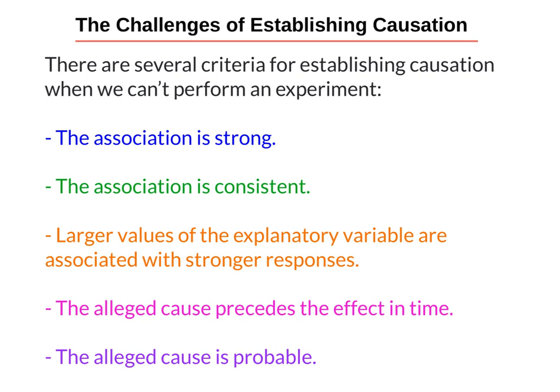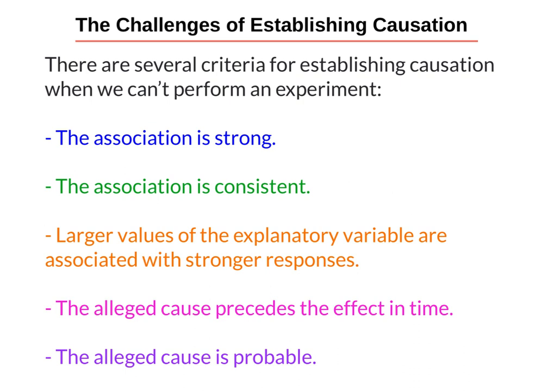Fourth criteria, the alleged cause precedes the effect in time. Essentially that means that the cause has to happen before the effect, which is how time works. That's how cause and effect works. But in our example with lung cancer and smoking cigarettes, there's usually about a 30-year lag between when a person starts smoking and when they're diagnosed with lung cancer.